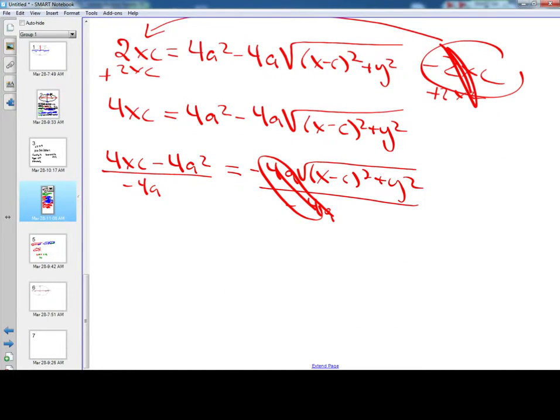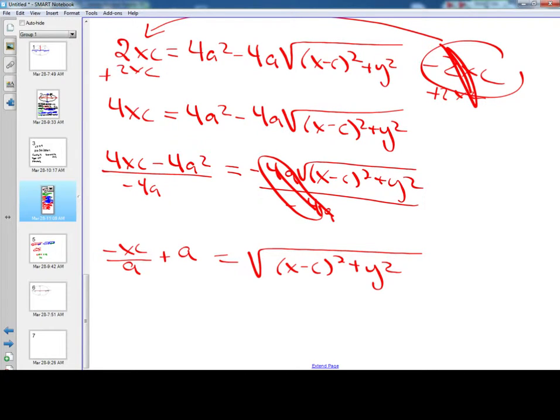Let's see what that does to my left side though. 4 over 4 is 1, so that becomes negative xc over a plus a, because the negative 4 over negative 4 and a squared over a is just a. That equals the square root of x minus c quantity squared plus y squared.